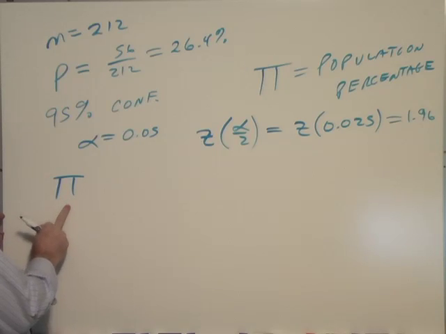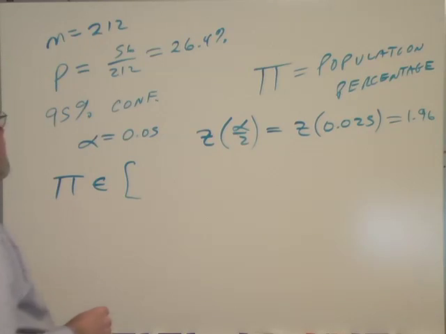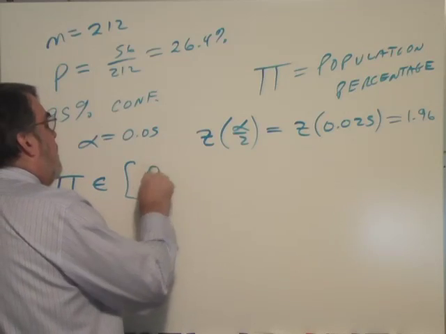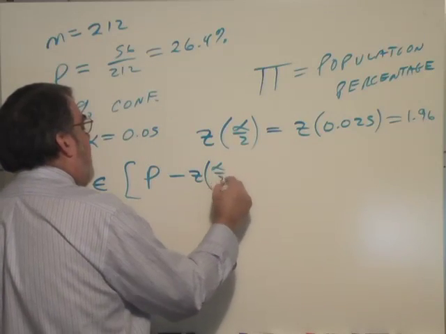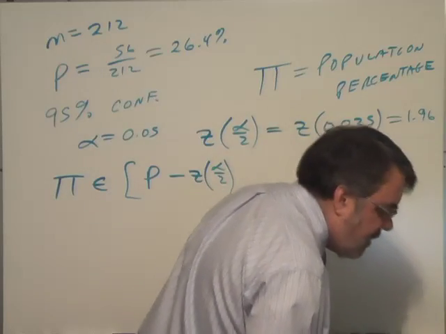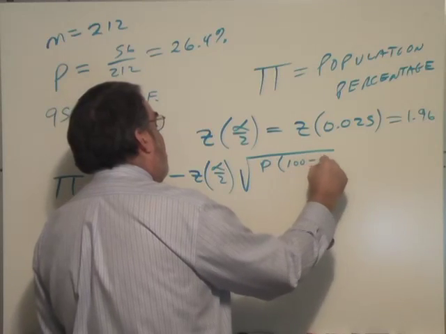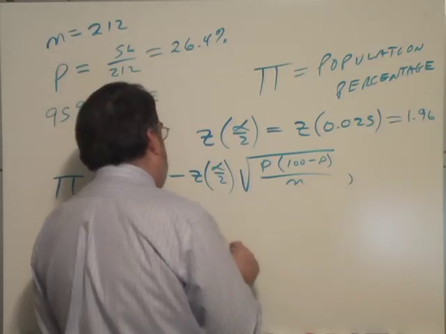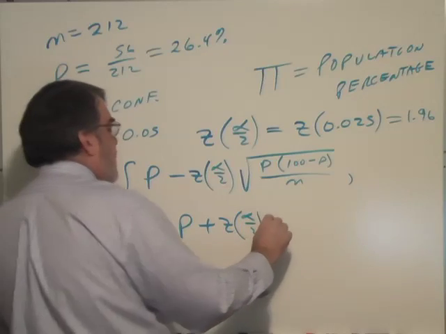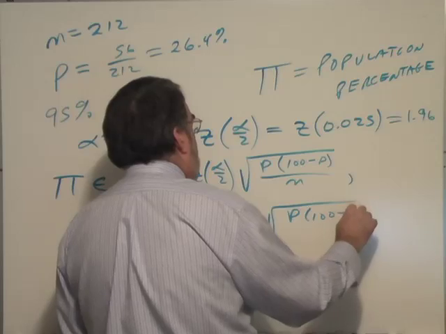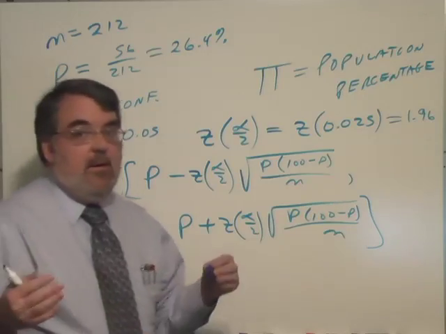The population percentage pi belongs to an interval of percentages, and it will be capital P minus the z-score based upon alpha over 2 times the square root of p times (100 minus p) all divided by n, comma, and then capital P plus the z-score alpha over 2 times the square root of p times (100 minus p) over n, close bracket. So here's our confidence interval formula as I stated it.